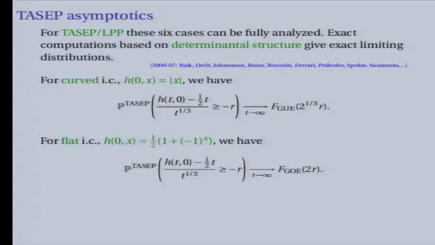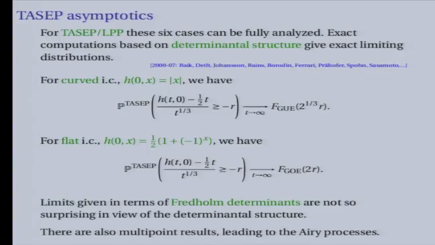I get this scaled version of GUE. This is the distribution function of GUE, so if I scale it by something, it's still the same. So it means that instead of getting the GUE random variable, I'm getting maybe 2 to the minus a third times that variable. That's all. It's just a matter of the scaling one chooses.